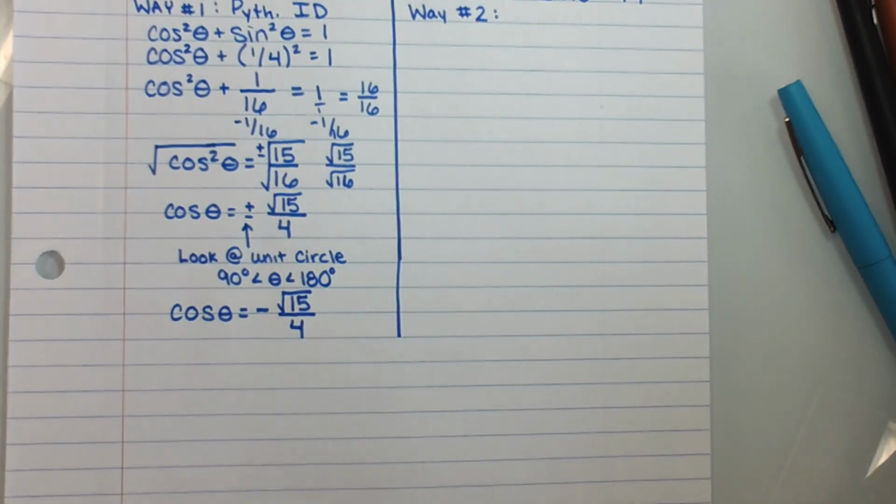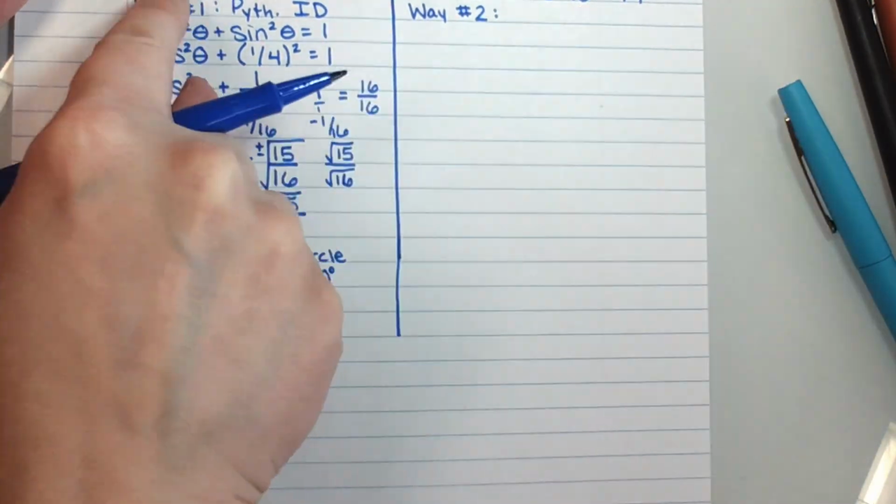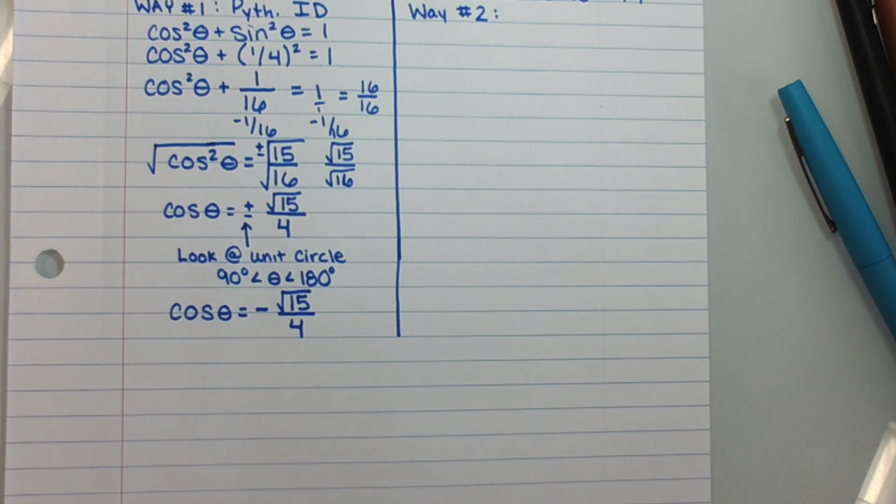Do it the way we did it back in chapter 12, because we've had problems like this before. Back in 12.1, this was one of the first things we did. I gave you a trig ratio and said, tell me the other. At the time, I told you the angles were acute.